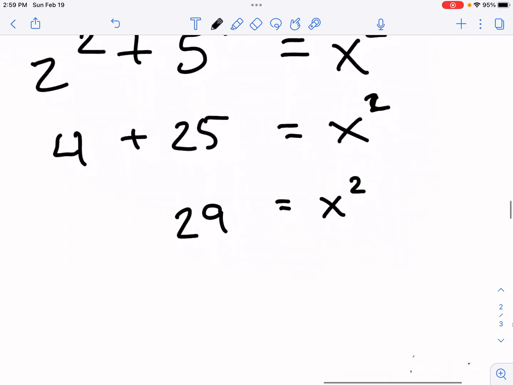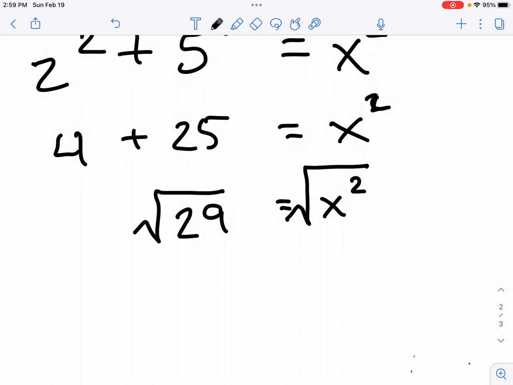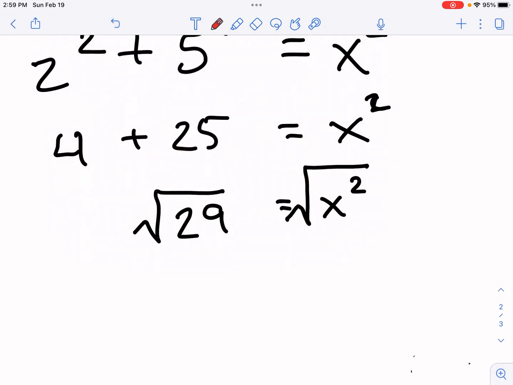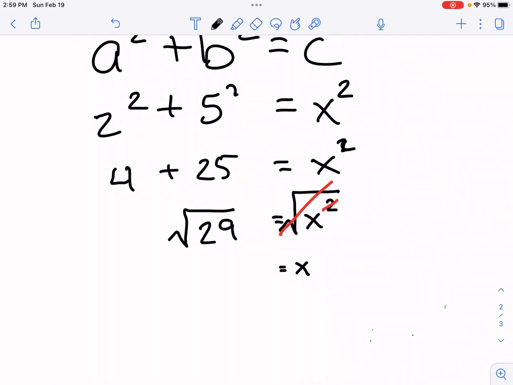And when you solve this, what we want to do is get rid of that square. The inverse of squaring a number is taking the square root of that number. So typically I'll always say that square roots undo squares. So what I'll do is I'll cross both of them off. And I'll put equal to, we just have x, we have our radicand.